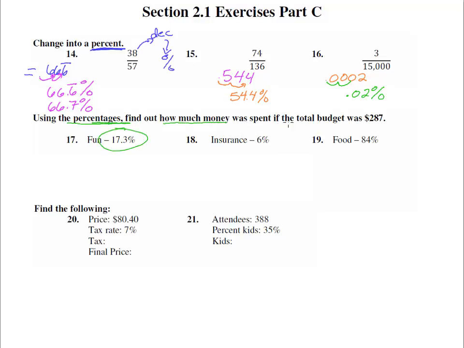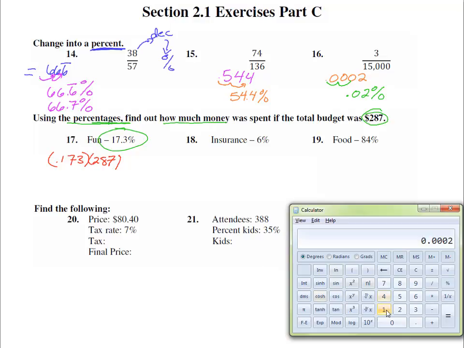Number 17, it says using the percentages, find out how much money, the actual amount, was spent if the total budget was $287. So we have here 17.3%, which is 0.173 times $287. So let's punch that in the calculator.